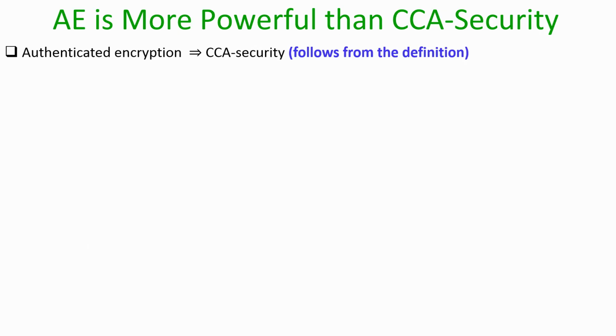When we say that our encryption process is authenticated encryption, then one of the requirements is that it should also be CCA secure. So, this implication is trivial, but it turns out that CCA-Security need not imply authenticated encryption. That means, what we are now going to do is give you a construction or an encryption process which is CCA secure, but it is not authenticated encryption.